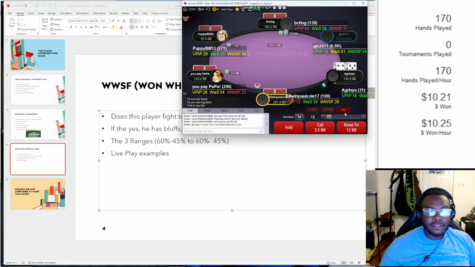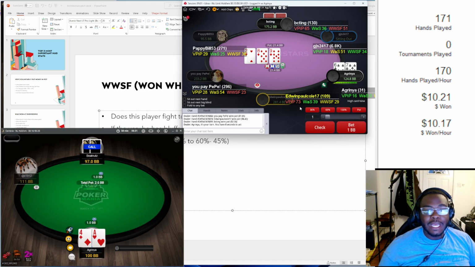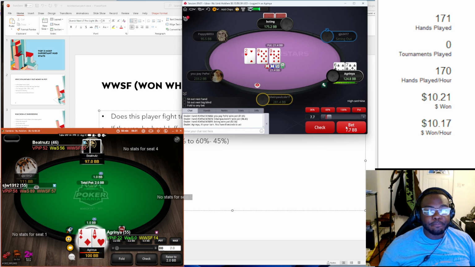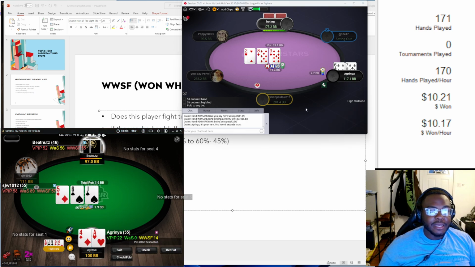I'm gonna 3-bet this hand. Why? Because we're up against this whale, very low won at showdown, and he's very aggressive. The flop comes 6-9-8-2 two-tone, and we can start off with a bet here. As I said before, sometimes this range cannot withstand multiple barrels.